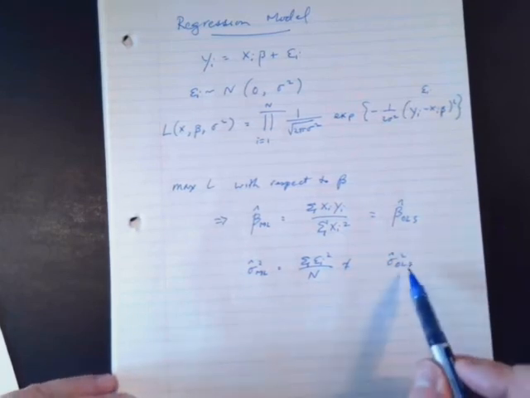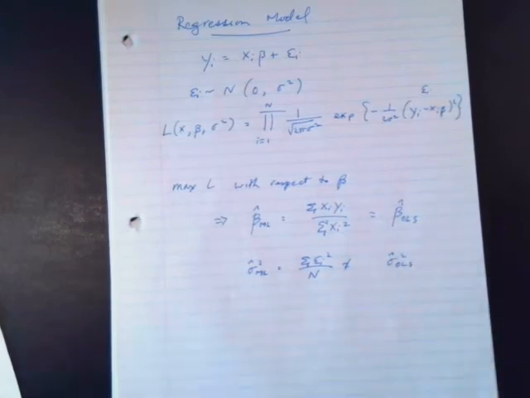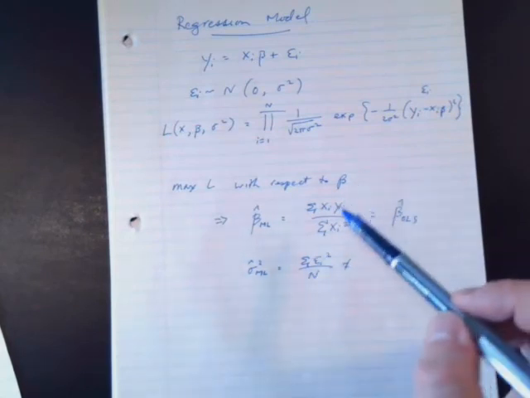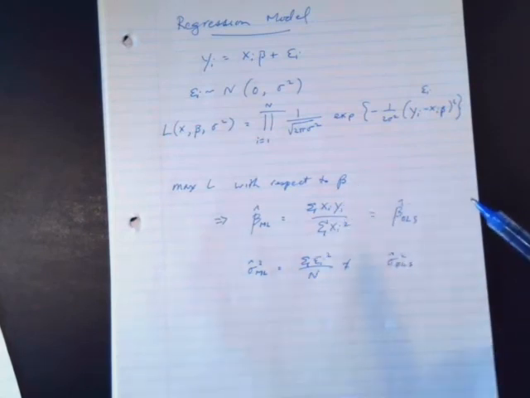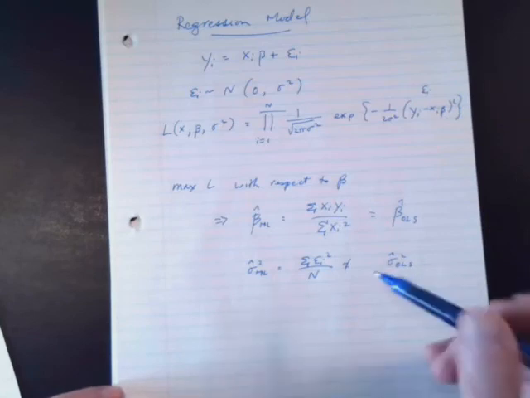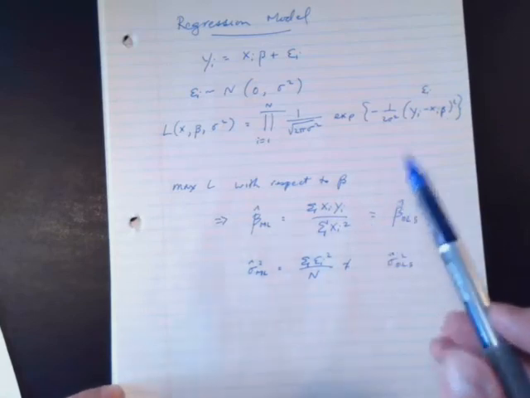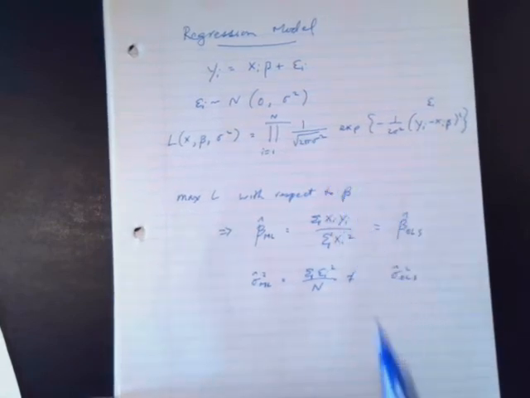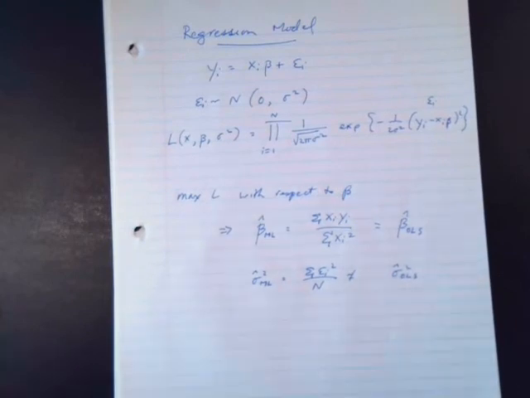If it was OLS, that would be n minus 1. So a little bit different, but the slope coefficient is the same. And that's why we have the property that the least squares estimator is also the maximum likelihood estimator.